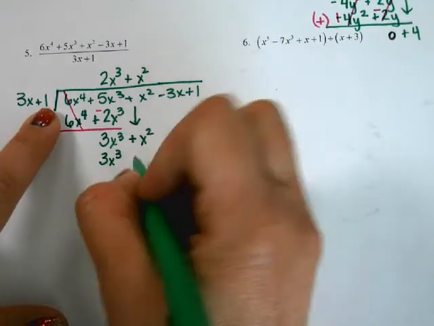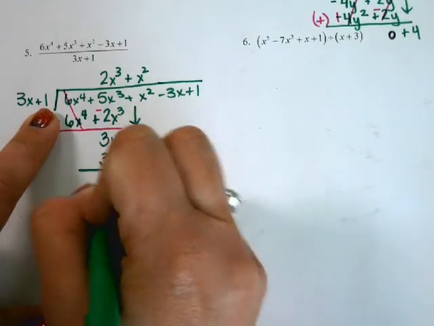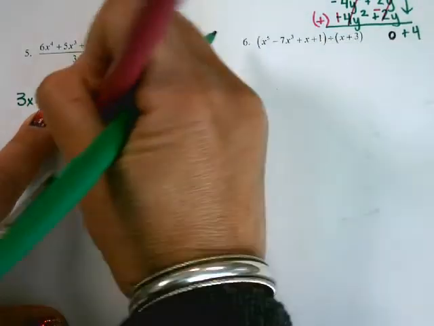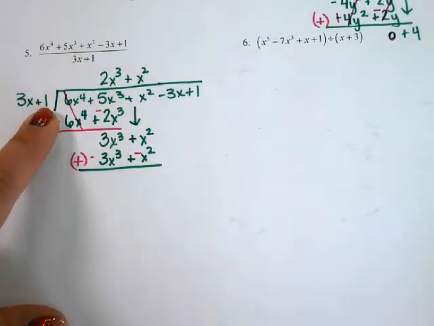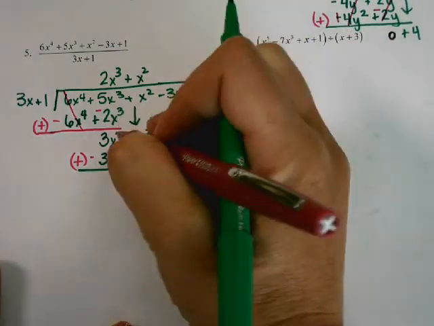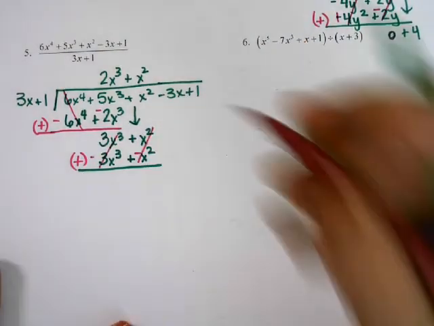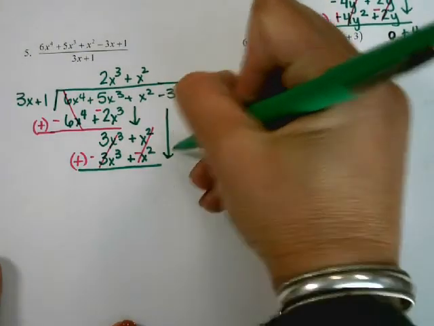X squared times 1x gives me a plus 1x squared. Flip, flip, add. Uh-oh, what happened? They both cancel. That's okay. We're just going to bring down the next two things.